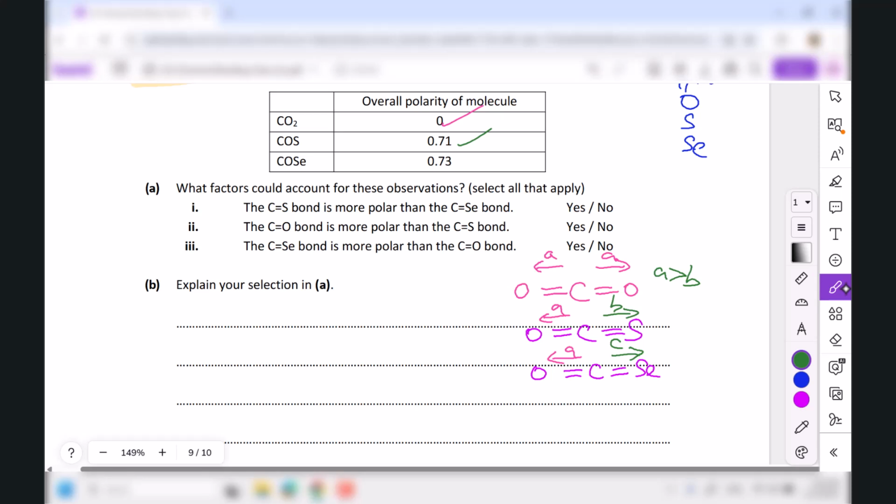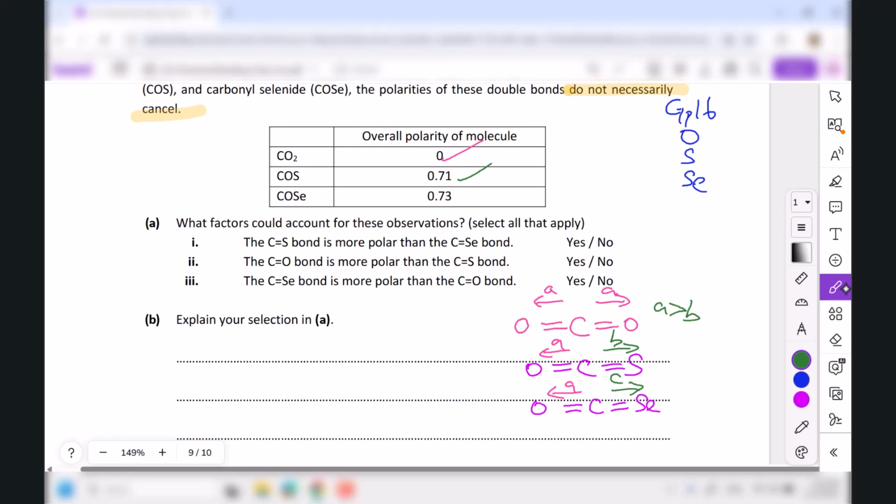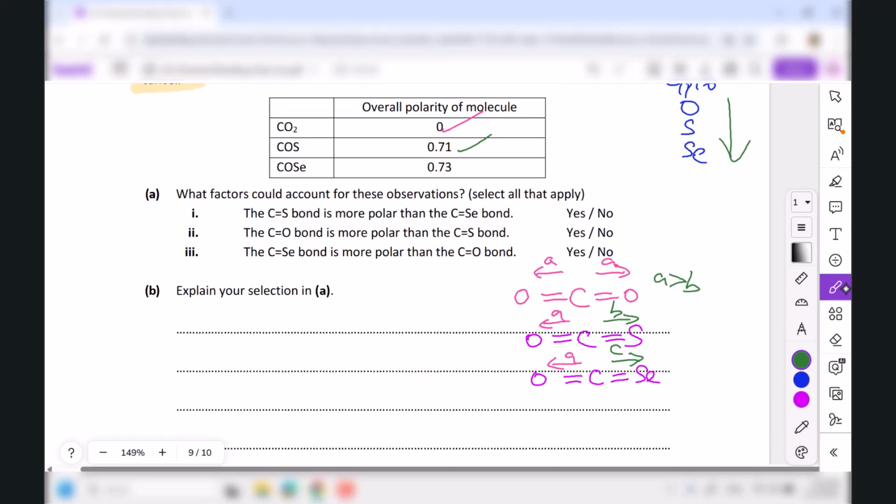Should be in the direction of oxygen because CO is a more polar bond than CS. How do we know? Because in a lot of cases, or in most cases, electronegativity decreases down the group. Okay, so with that, we are able to tell that A is more polar than B.